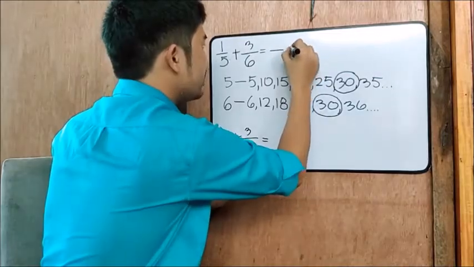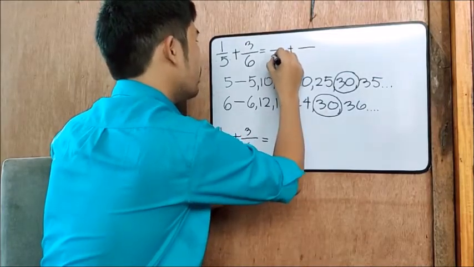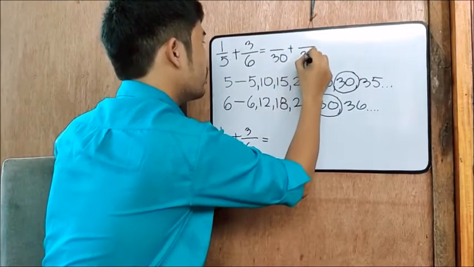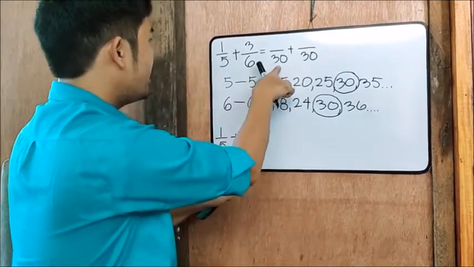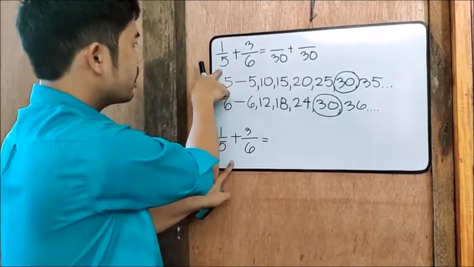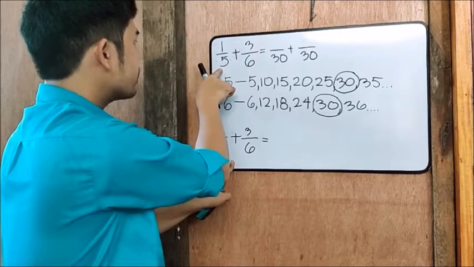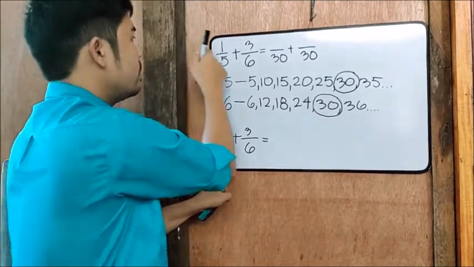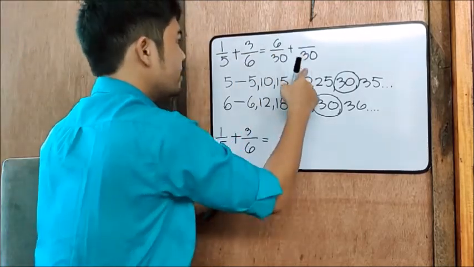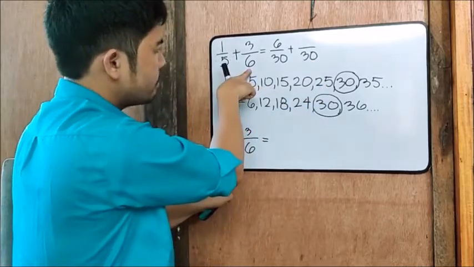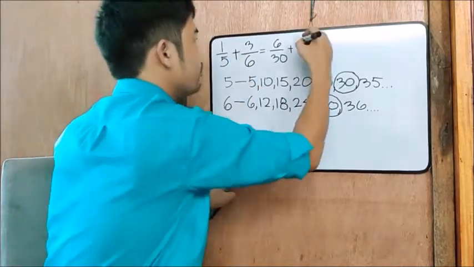And using our LCD, we divide it by our first denominator. 30 divided by 5 is 6, times our numerator 1, and that gives us 6. 30 divided by 6 is equal to 5, times 3 is equal to 15.